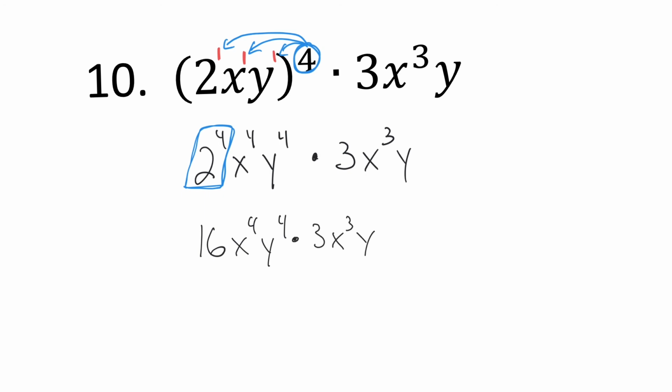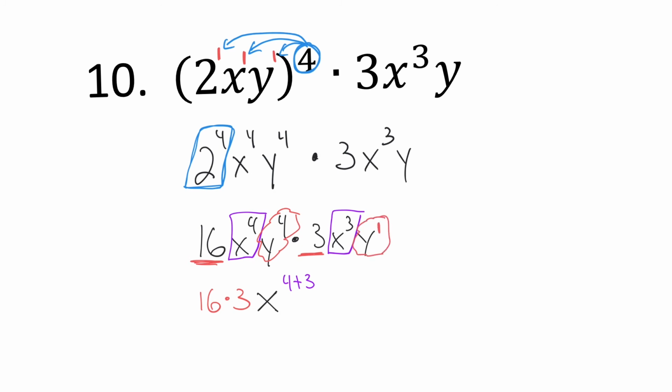So now you can multiply the coefficients. 16 times 3. Then you multiply the same bases. So x to the 4th times x cubed. Since you're multiplying the same bases, keep the base and add the exponents. And then the y's, you have y to the 4th, and y has an exponent of 1 over here.